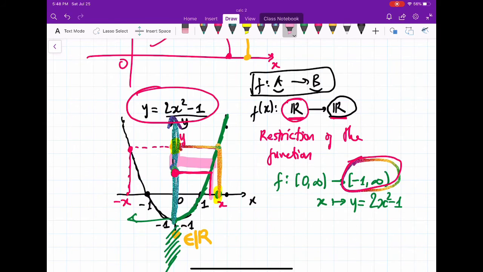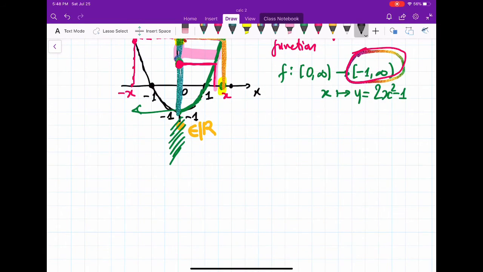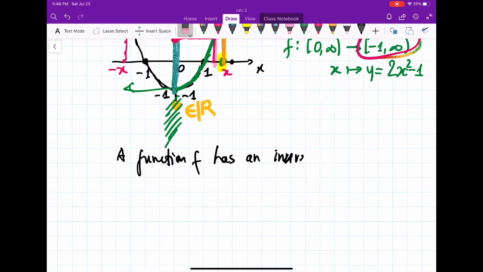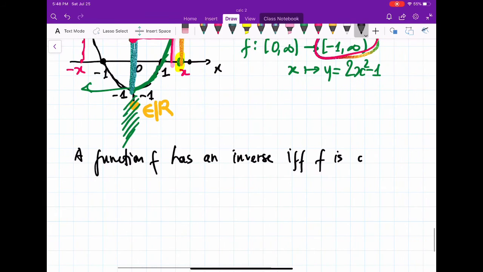Such a map is called one-to-one. Now I think we can talk about the condition for a function to be invertible. We can say a function f has an inverse if and only if f is one-to-one.